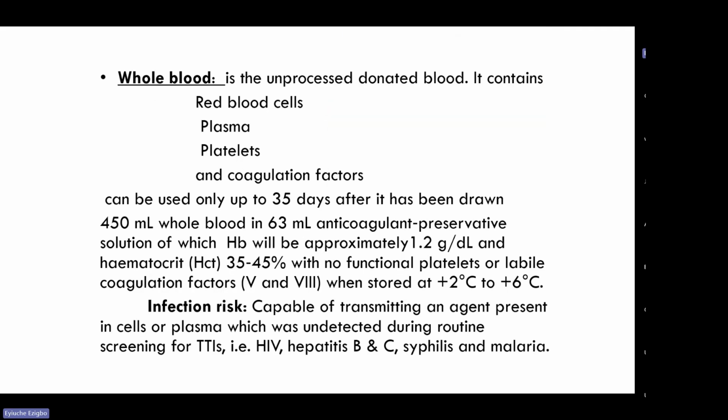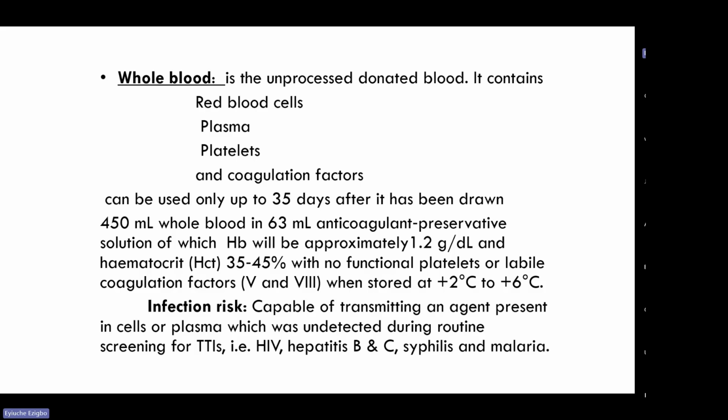The whole blood is the unprocessed donated blood. It contains red blood cells, plasma, platelets, and coagulation factors. It has not been processed. As it is collected from the donor, it can be used only up to 35 days after it has been drawn.